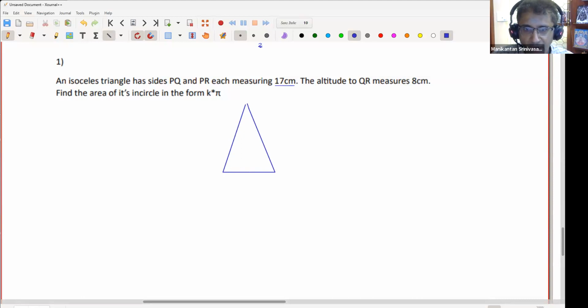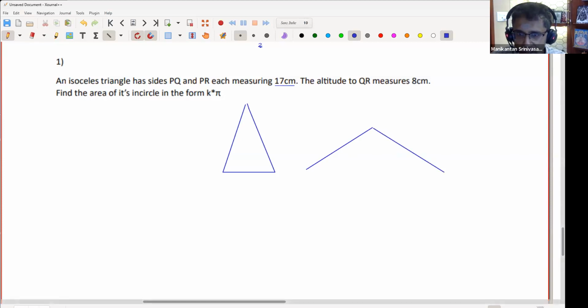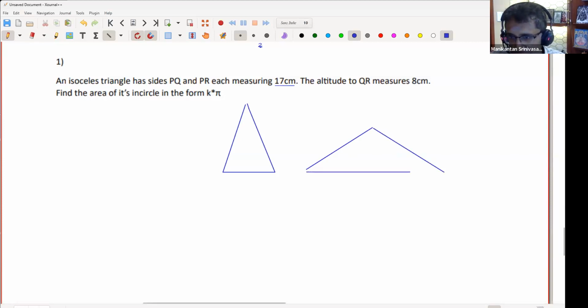So I should have drawn a flatter diagram. That's fine. This is the problem, right? When I start drawing a diagram, I won't know. So it'll take 1 or 2 attempts to draw a good diagram for a geometry problem. So this is PQ, because it's a flatter diagram, because the altitude is only 8 as opposed to this being 17. So this is 17.